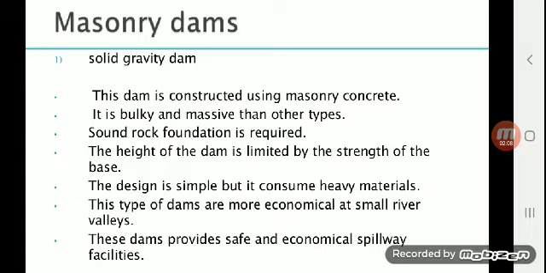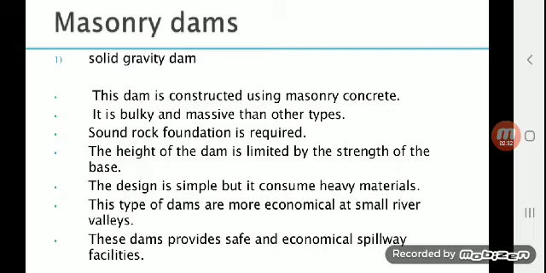It is a single structure which stands up vertically in the passage of the river. It is very bulky and massive, and sound rock formation is required. The foundation that we are using should be strong enough to hold that much height of structure.